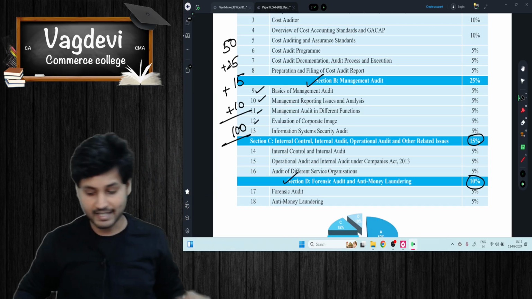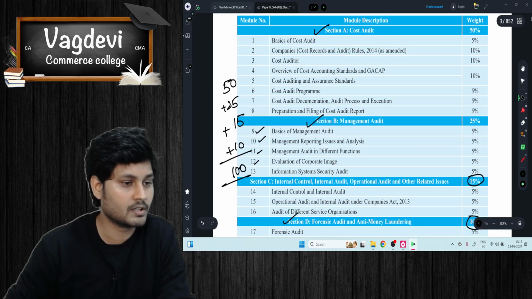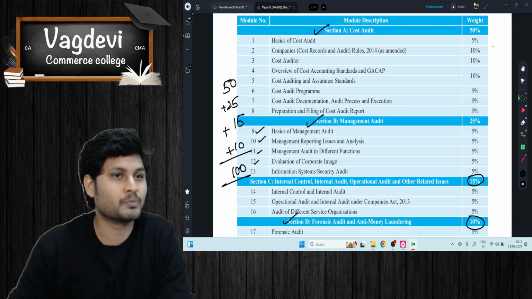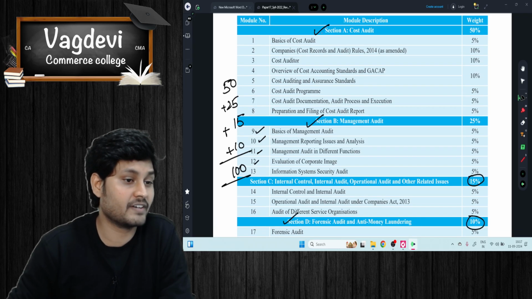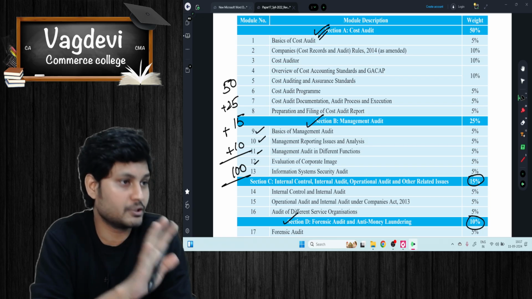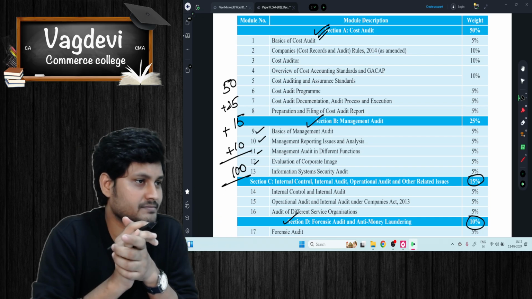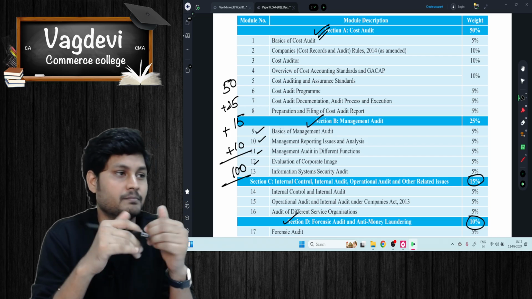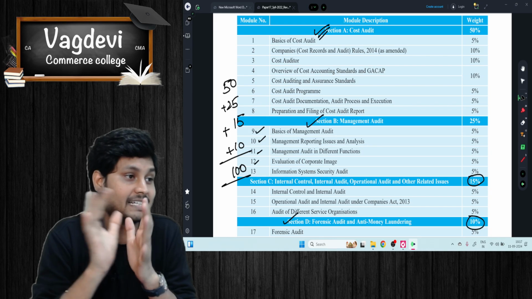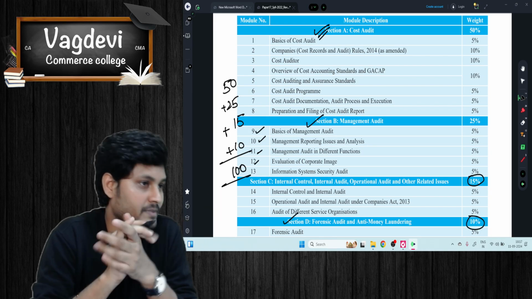Okay. So I just divided the entire syllabus into basically only 2 parts. The CMA final book got divided into 4 sections. However, I am just dividing into 2 parts. One is really very important and practically important, and the second area is dry, with more content and less marks.